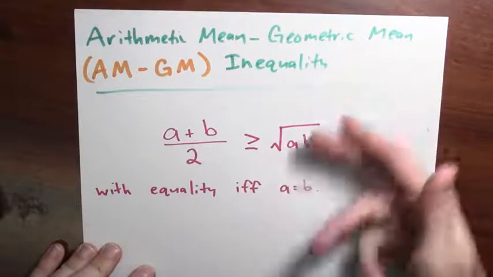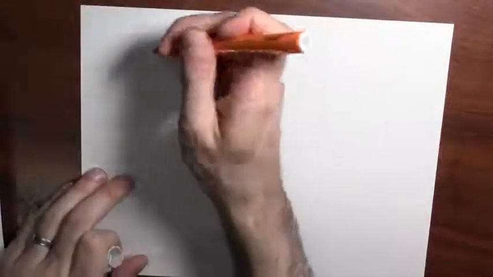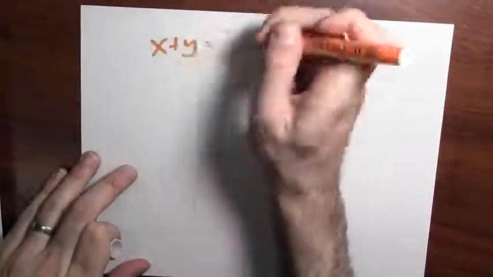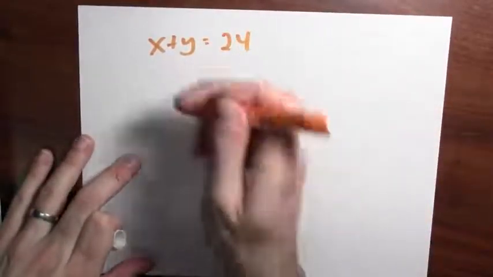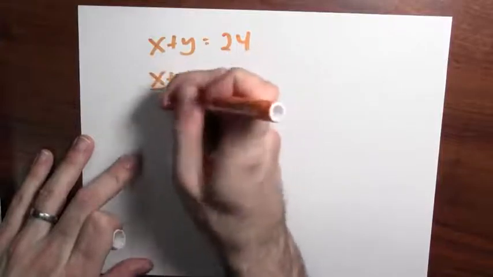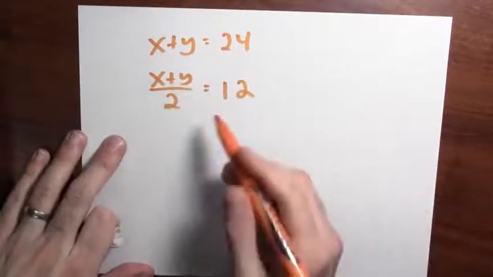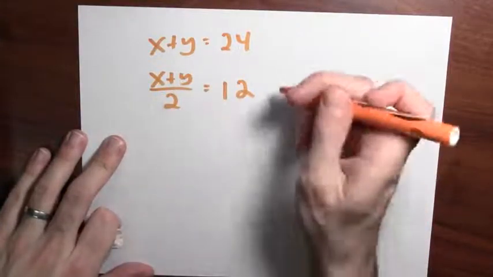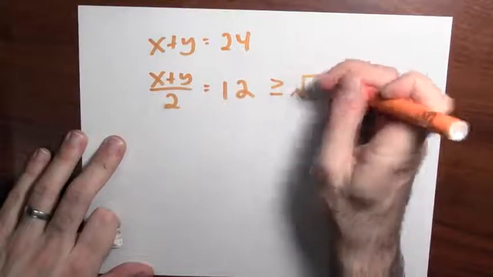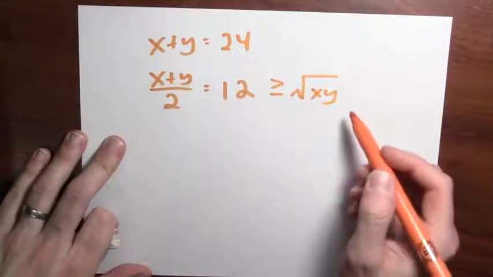Now, how can you use something like this? Well, in our specific case, what do we know? I know that x plus y is equal to 24. And if these two numbers add to 24, then their average, x plus y over 2, must be equal to 12. But if this is their average, by the AM-GM inequality, this must be bigger than or equal to the square root of x times y, the geometric mean of x and y.